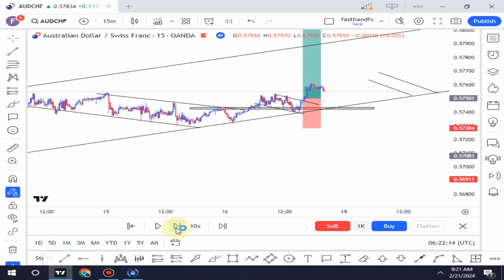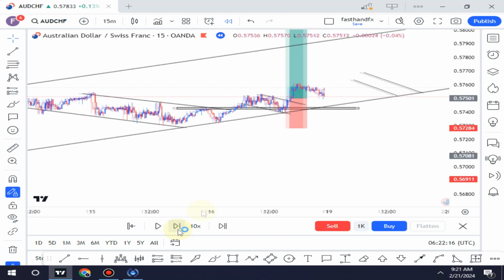So the market as usual played out, the market did its thing, but during this period, guys, I don't have a problem with pullbacks. The market is the market. It won't just go all the way up or all the way down. The market needs to go up, come down, or go down, then goes up.